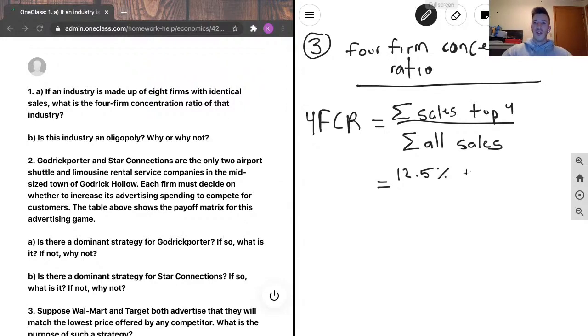We can just multiply that by 4 because we know the top 4 firms are going to have the same amount of sales. And of course, divide that by 100%. And we should be left with a 4-firm concentration ratio of 50%.